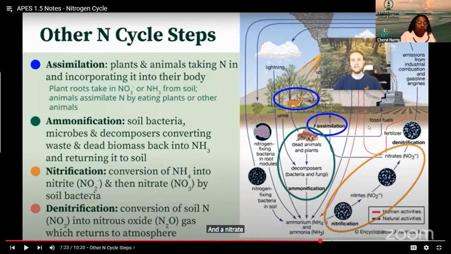So if you look very carefully, a nitrite is NO2 and nitrate is NO3. And ammonia is NH4. So you got to know a few chemical molecules with this cycling of nutrients. Okay, but that's about it as far as chemistry is concerned.